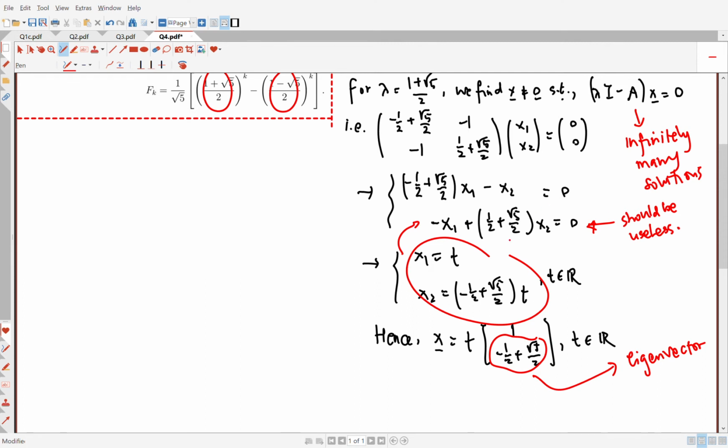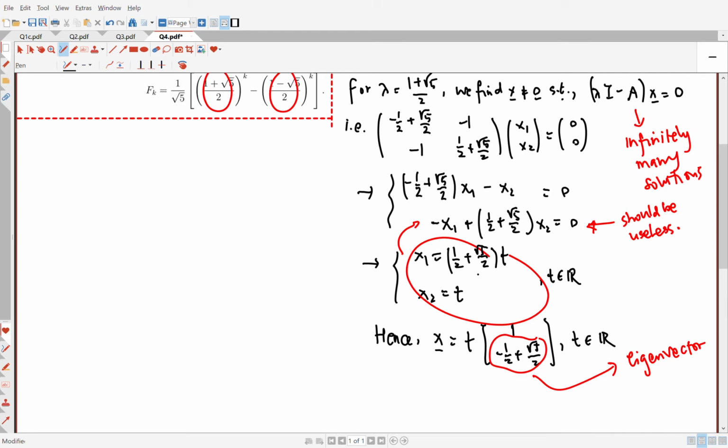Let's try to use the second equation instead. So if I use the second equation, and if I let my x2 be t, then my x1 is just half plus square root 5 over 2 times t.